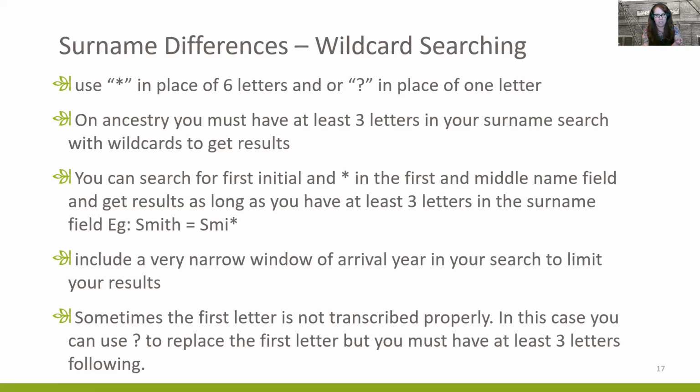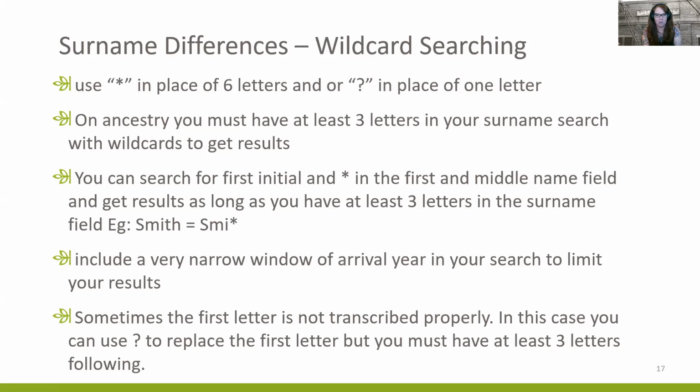In the surname field, you need to have at least 3 letters for it to register a search. You can have your question marks and your stars anywhere, but you have to have 3 letters or you won't get anything, and that's in the surname. In the given name, you can do a letter and a star, and you'll get results.